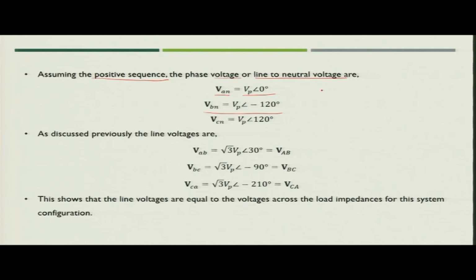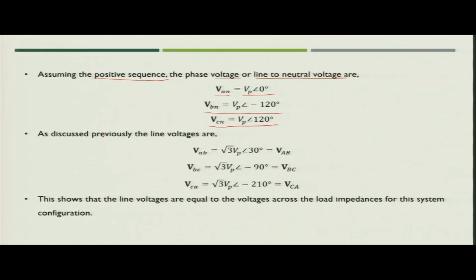If you remember, when we discussed phase sequence, the ABC sequence has an angle difference of 120 degree, and the B phase will lag A by 120 degree, and C will lag B by again 120 degree. So VBN is VP angle minus 120 degree, and VCN will become VP angle minus 240 degree, or VP angle plus 120 degree.